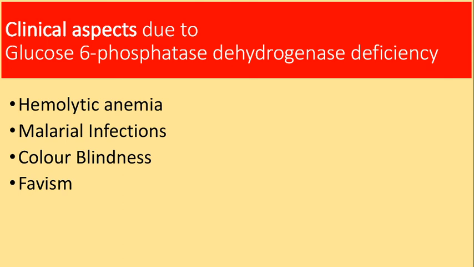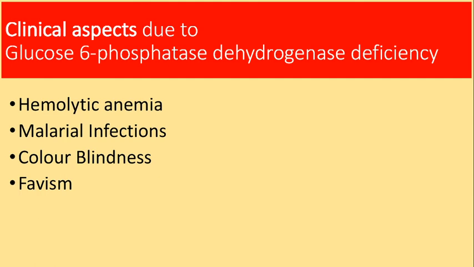Next is malarial infections. In severe cases of malaria, glucose 6-phosphate dehydrogenase deficiency is also seen in malarial infections in young children and infants.